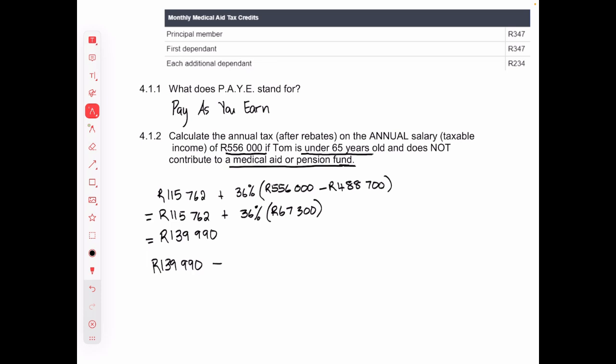Here you subtract the rebate of 16,425, and we will end up with 123,565. Okay, so that is the amount of tax that you will pay per annum, and they're basically saying annual tax, which is per year.